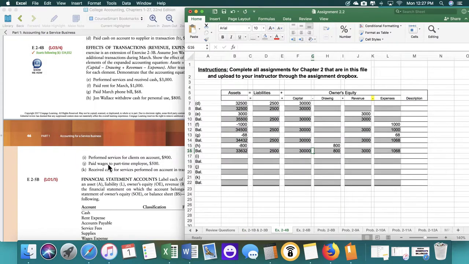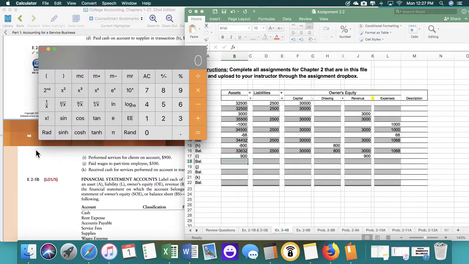Now here we go. We performed services for clients on account. Since we performed the service for our customer, it's going to be an accounts receivable, which is an asset. So we're going to increase our assets by $900, increase our revenue by $900. So again, we're just going to do the math. So we have 33,632 plus 900.